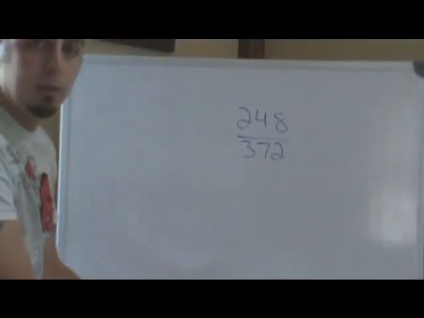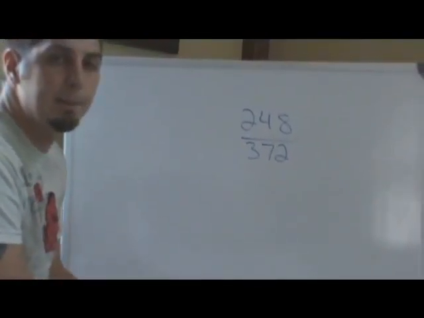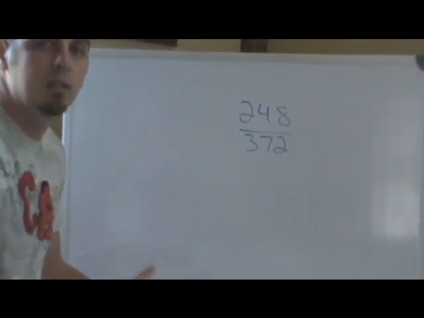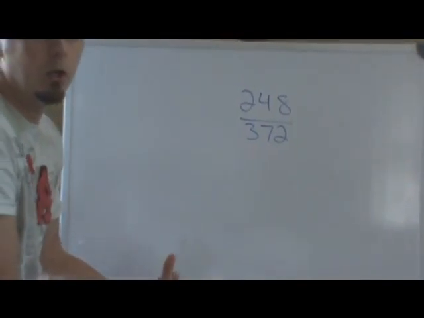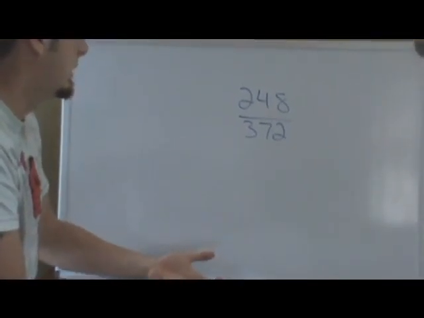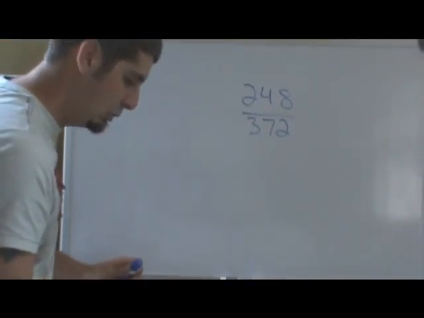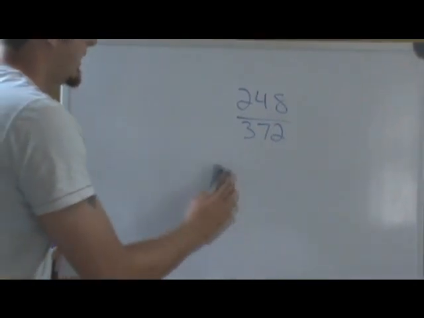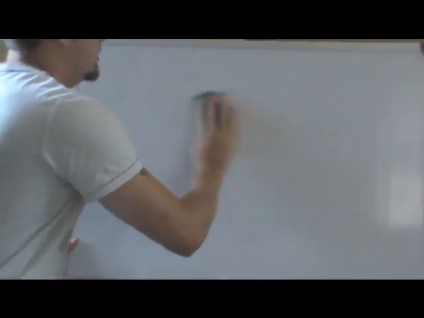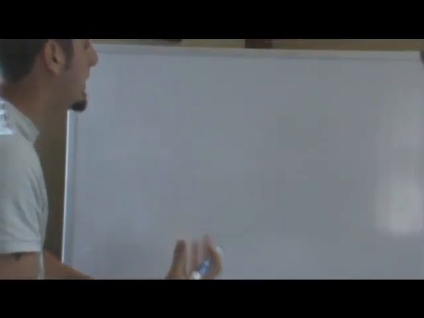Which can definitely be reduced, but because it's so big, it may be a little harder to figure out what its simplified form is, because the bigger numbers are, the harder it is to find out if something divides evenly into it. So cross-canceling before you solve the problem can save you a lot of headaches. So now the question is, why does this work?